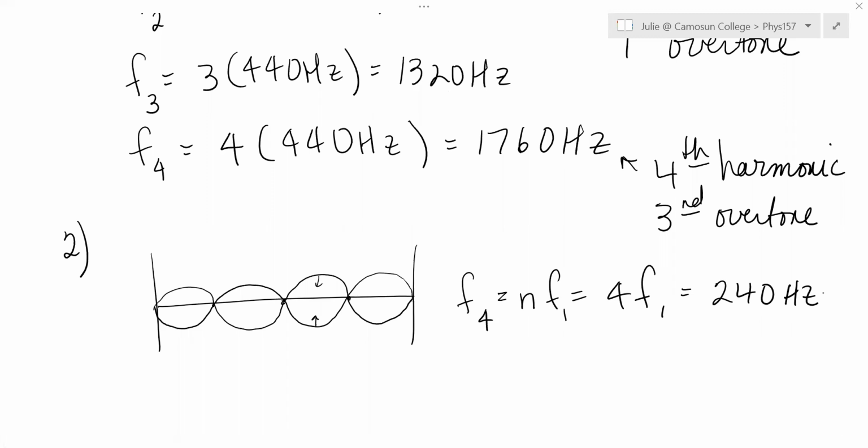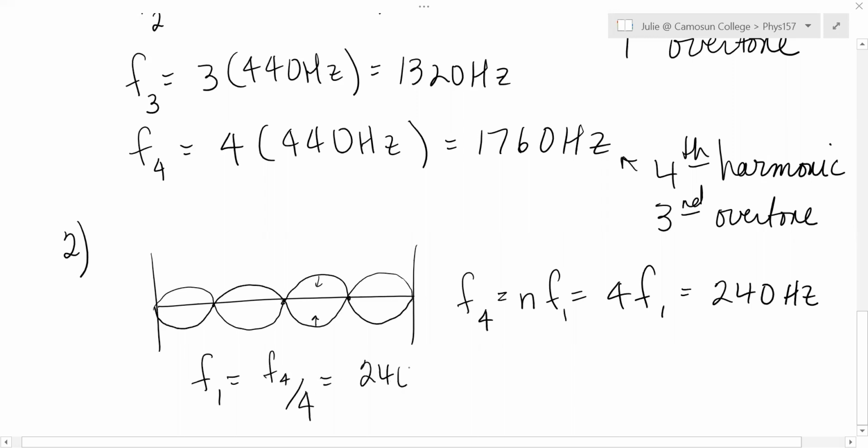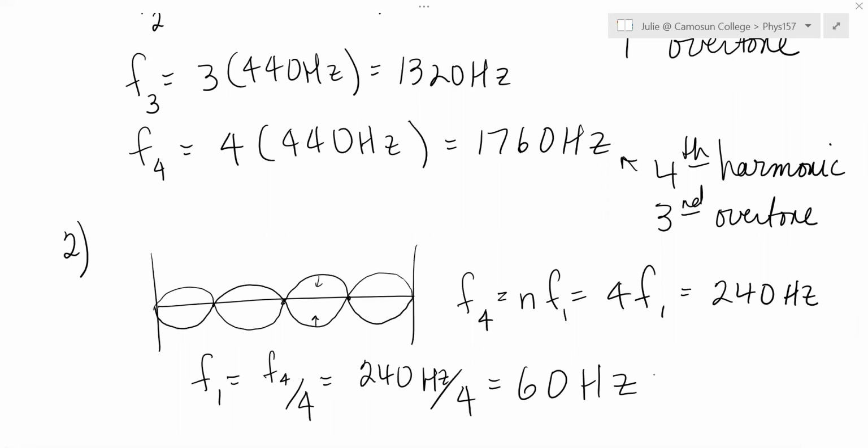Okay, so if we can get F1, F1 must be F4 over 4. And so this would be 240 divided by 4, 60 hertz. So the fundamental is 60 hertz. So any multiple of 60 will cause this string to resonate and make a nice loud sound.